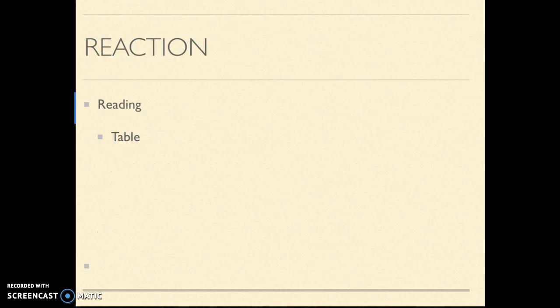So I'm going to go over the reactions. In the reading, there was a table, I believe it was 1.4, if I'm not mistaken, which is a diagram of a step-by-step process. I thought that was pretty fascinating because it gives the teacher a step-by-step process on how to incorporate blended learning.